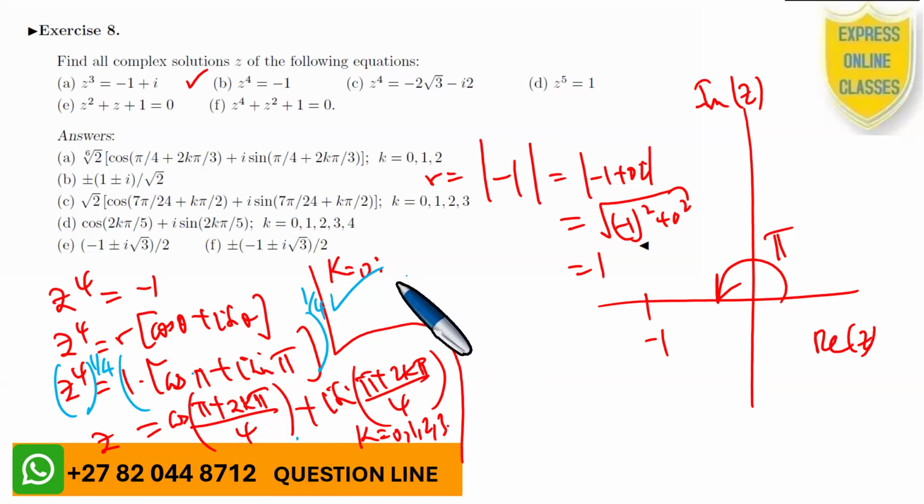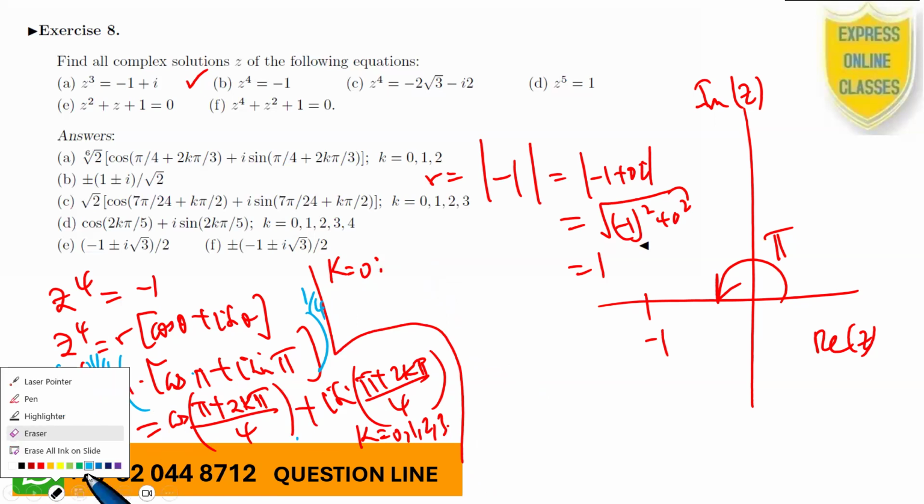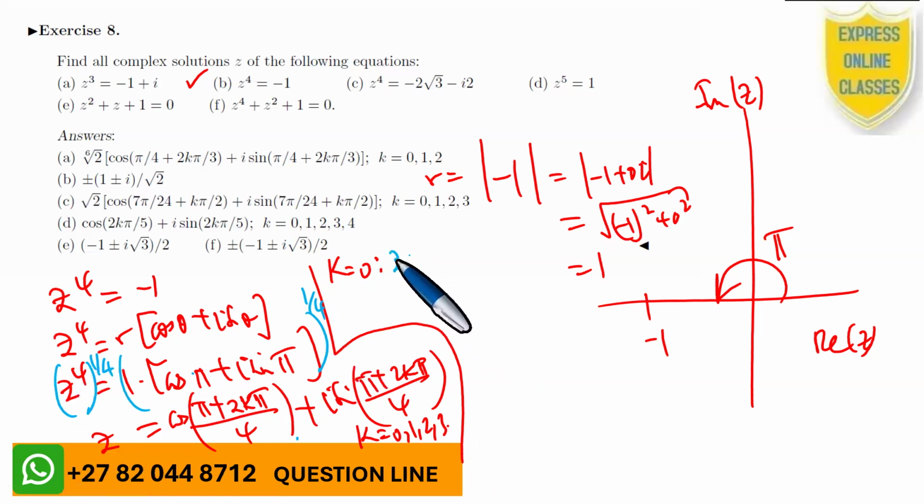But now when k is 0, z is cosine pi over 4 plus i, the sine of pi over 4, which is 1 over the square root of 2, 1 over the square root of 2.